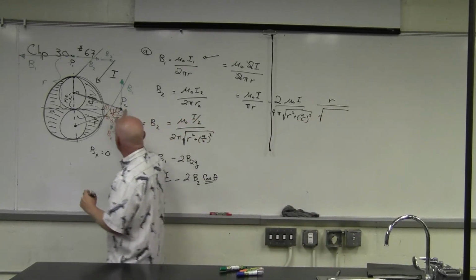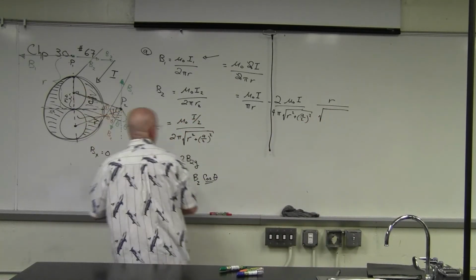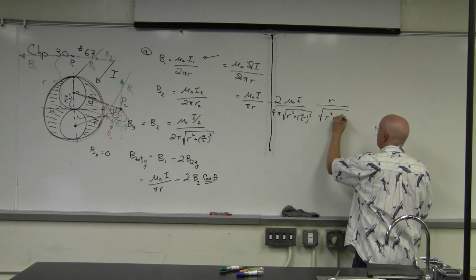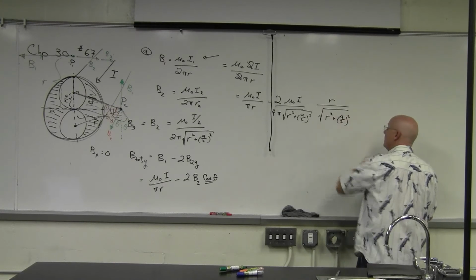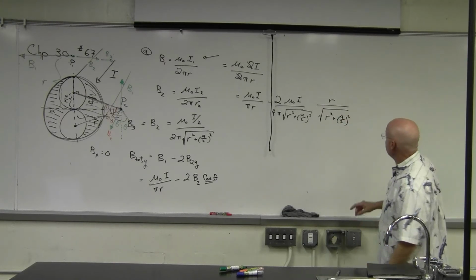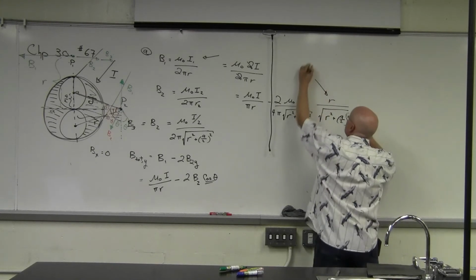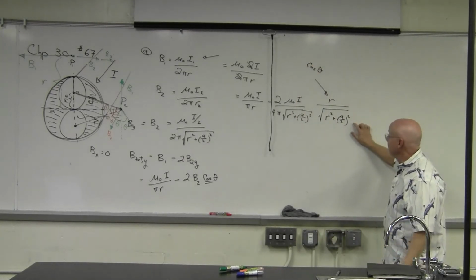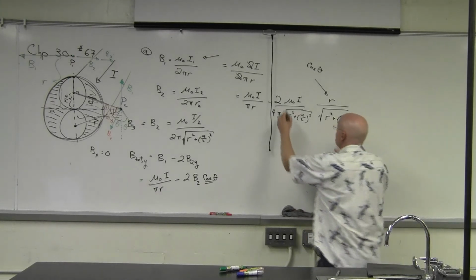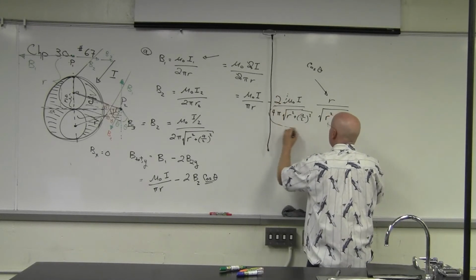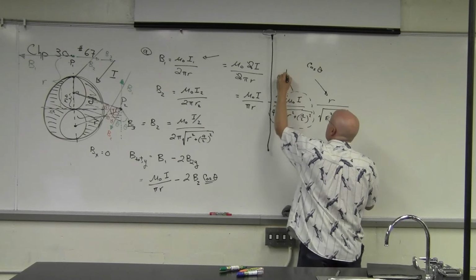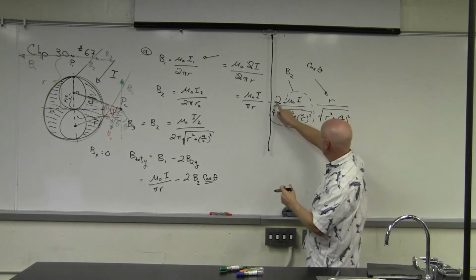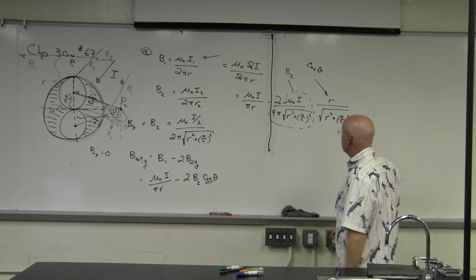The hypotenuse would be the r squared and the a over 2 squared, and taking the square root of that. So this is the square root of r squared plus an a over 2 quantity squared. So that right there is the cosine of theta, okay? And then this in here is the magnitude of B2. And for that matter, also the magnitude of B3. That's why we have that factor of 2.